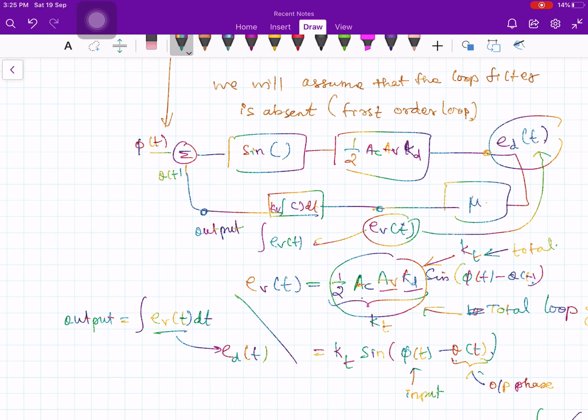In between the path you have the multiplication factor mu. Therefore, EV of t and ED of t become the same except for the constant mu. So ED of t times mu is equal to EV of t.